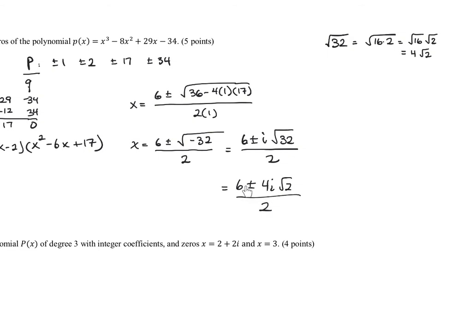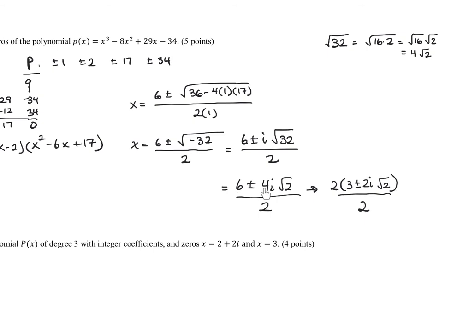Now you notice I have a value here, 6 plus or minus 4 divided by 2, so we do need to simplify one step further. From the numerator, both the 6 and the 4 have a factor of 2 in common. So if I factor out that 2, that leaves me with 3 plus or minus 2i square root of 2, divided by 2.